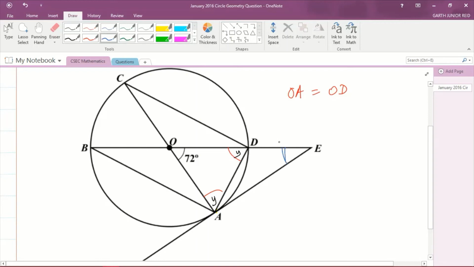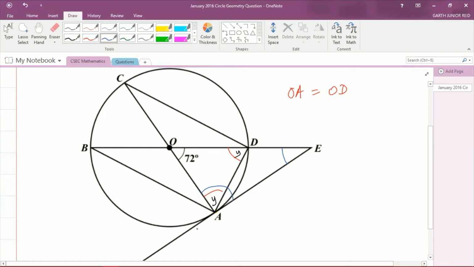Now how would we calculate that angle? Well, we know that all of this angle here is 90 degrees. Why?